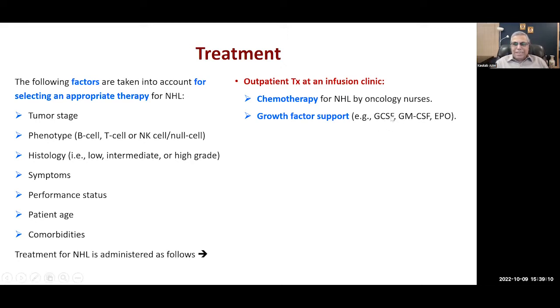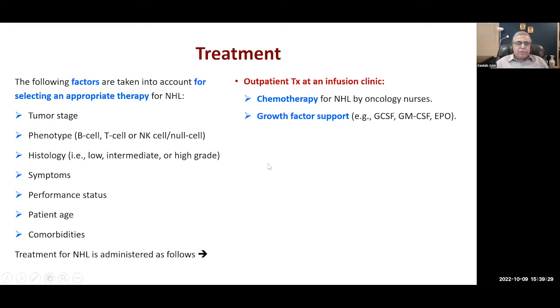These are given to stimulate your bone marrow, because when you give chemotherapy, all the dividing cells are killed, particularly the cells in the bone marrow. They are very rapidly dividing cells, like the white blood cells and the red blood cells and the platelets. Okay, so we get problems over there.